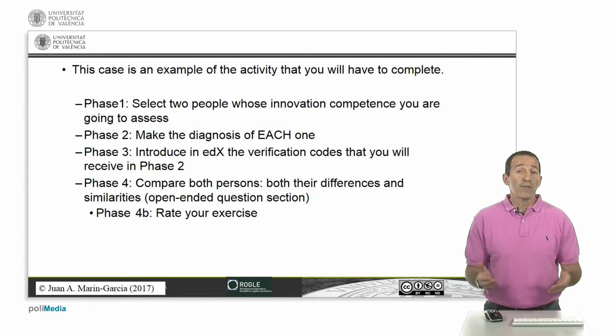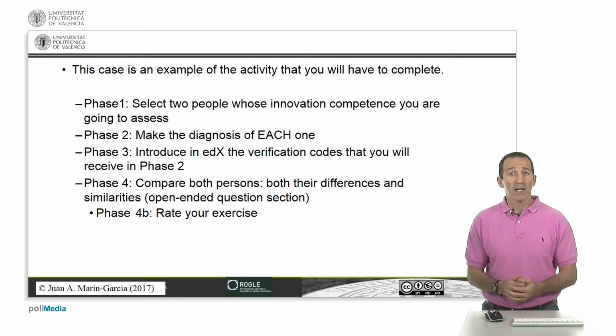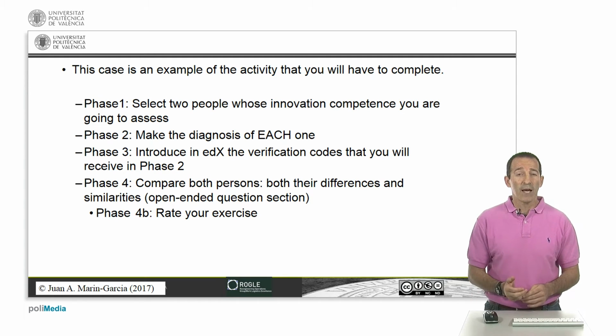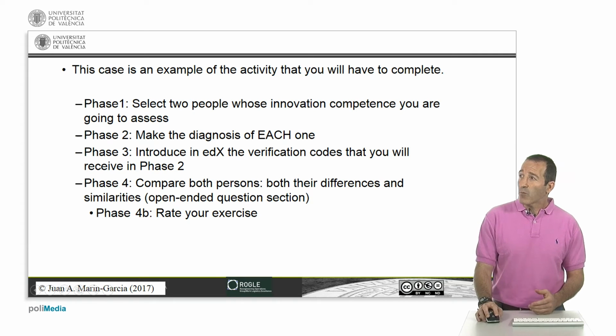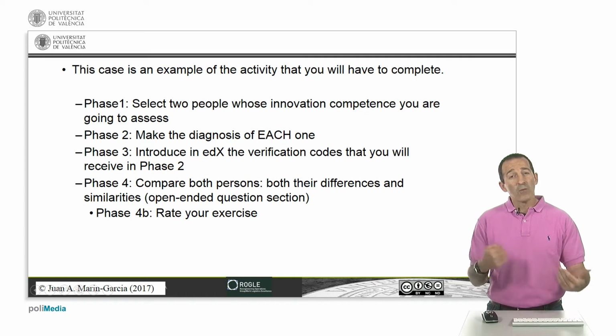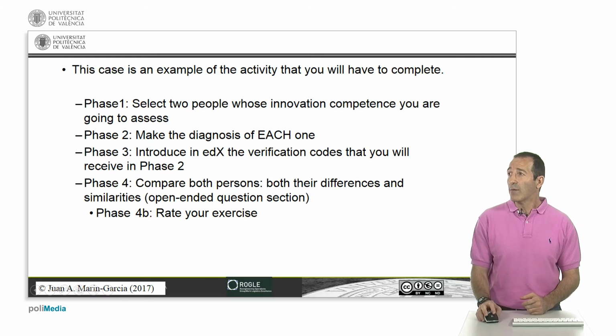The first step is simply to select the 2 people or subjects whose innovation competence you are going to assess, while the second is to carry out the assessment. When you have done that, you will automatically receive by email a code for each of your subjects, and you will need to enter this code in the edX platform.